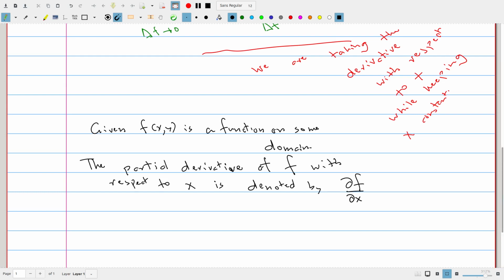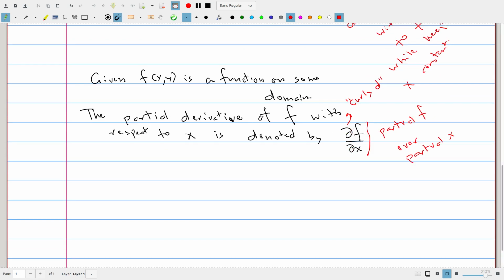So we pronounce this partial f over partial x, and this d is known as a curly d. If you said df over dx, people would confuse it with the total derivative, right? So it's partial f over partial x.